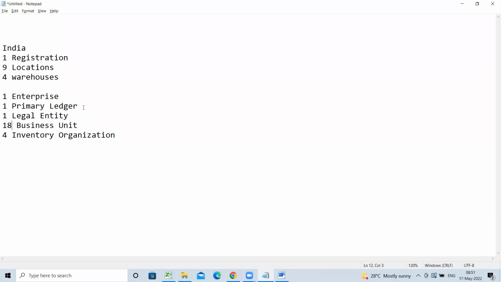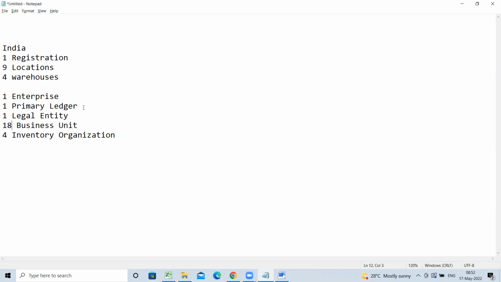If you have a segment called division, however many divisions you are going to have, you can have within the chart of accounts. Again, you don't need to maintain the division as a part of enterprise structure.